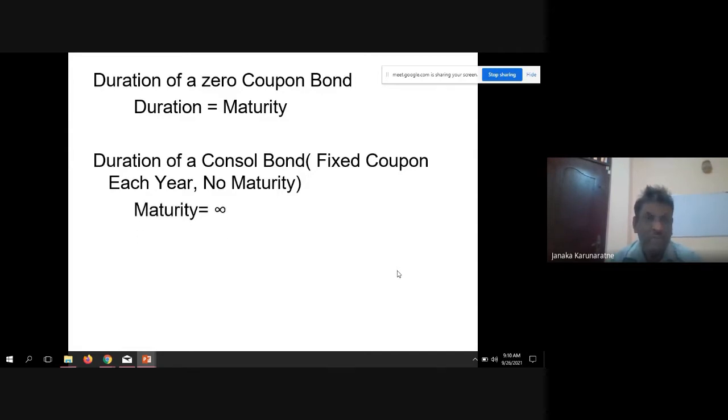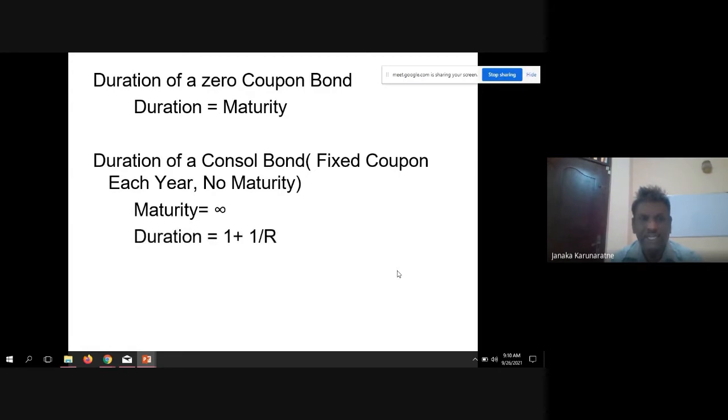Maturity is infinite. It's like a share: if you invest in a share, there is no maturity, it will not mature. Similarly, a consol bond will not mature, but you will get a coupon at the end of the year.